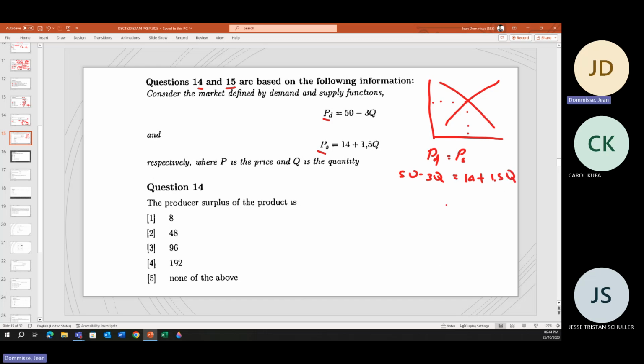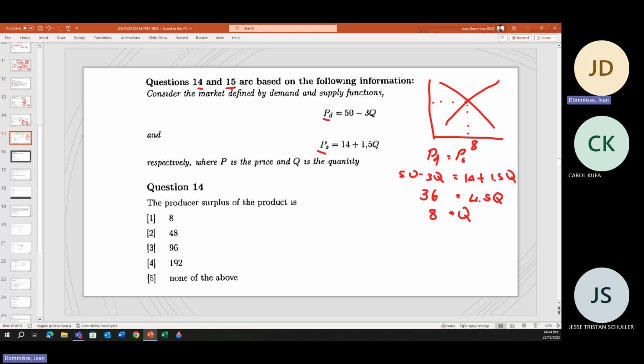Okay, so then again, I want all the Q's to one side where all can be positive. So the 3Q goes over to that side, so it will become 4.5Q. We'll take the 14 to this side, so it will become negative 14. So we've got 36 on this side. So then Q is equal to 8.